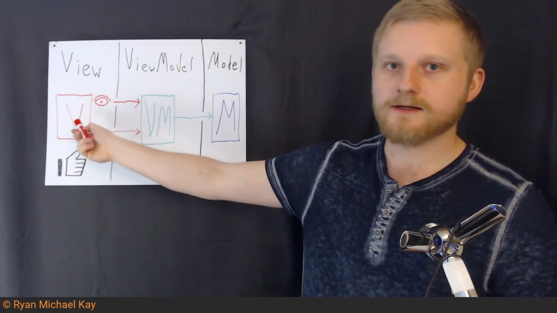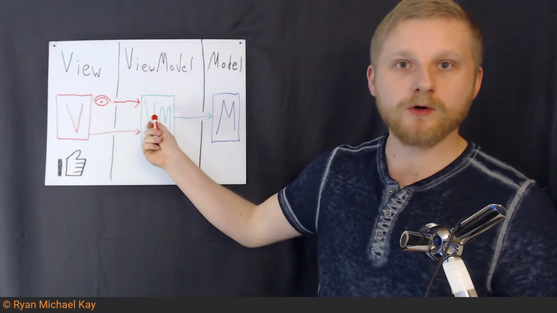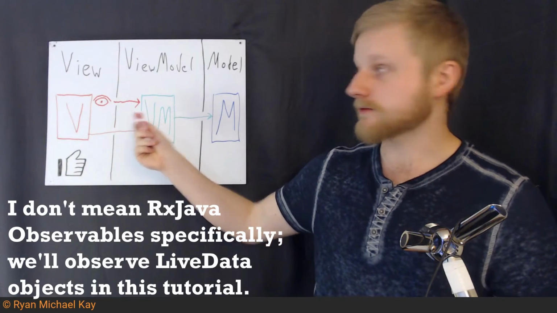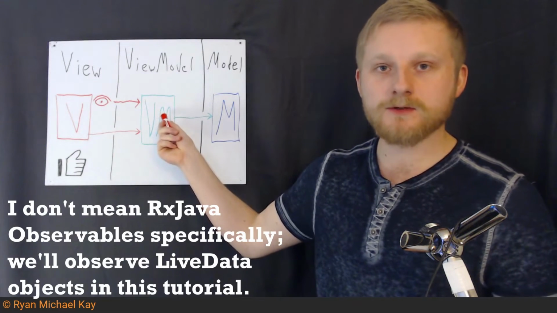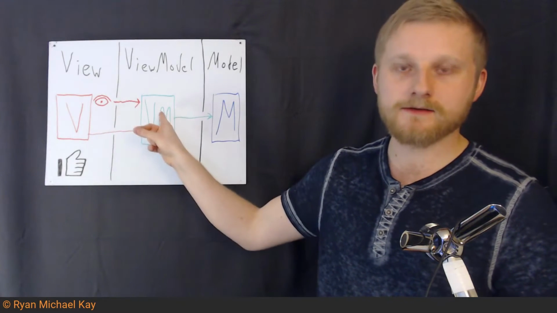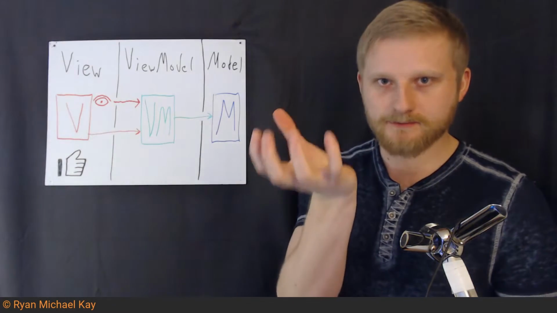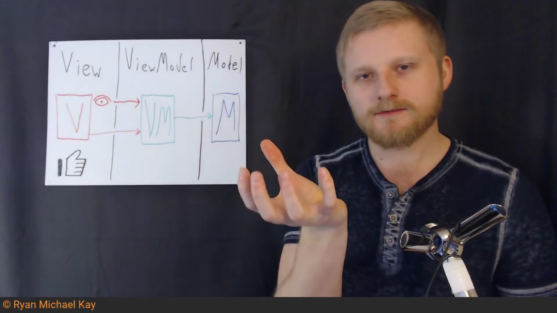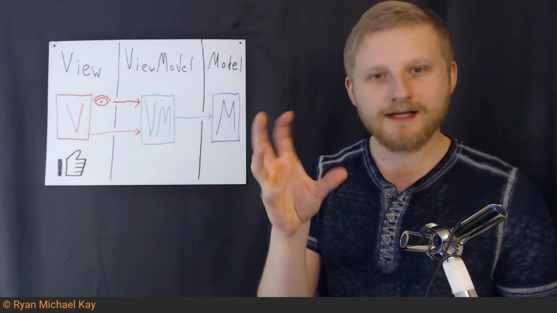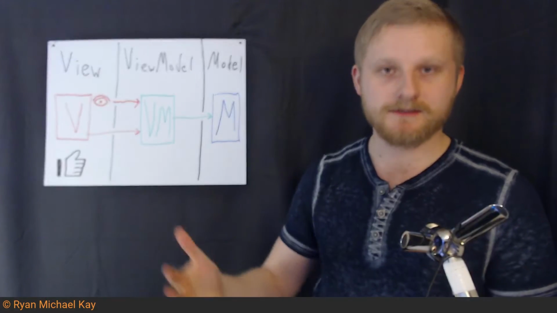So basically what I'm saying here is at the start, at some point, the view model will ask for observables. So it's going to ask for something from the view, and this thing that it's going to ask for something out of the view model. And when it gets that object, that observable object, I want you to think of that observable object as like a pipe that data pops out of at an indeterminate time.